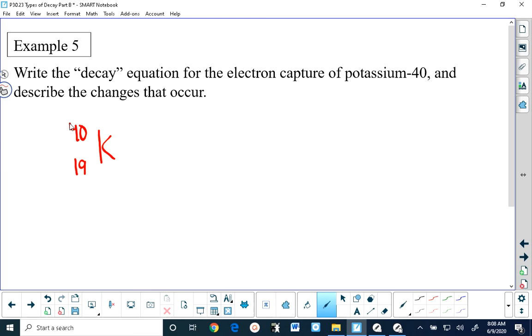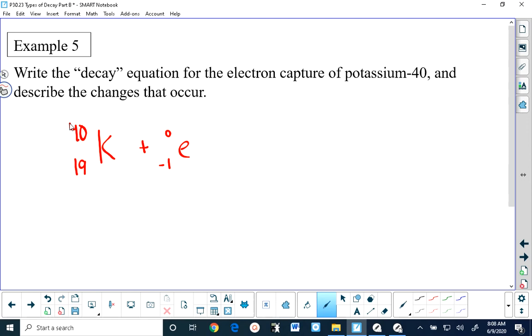Now, this is what's different between electron capture and traditional decay equations. The particle involved is not produced afterwards. The particle involved, which is an electron, is absorbed. So it is a particle that is added to the potassium before the change. And I'm choosing to use the letter E here for electron.